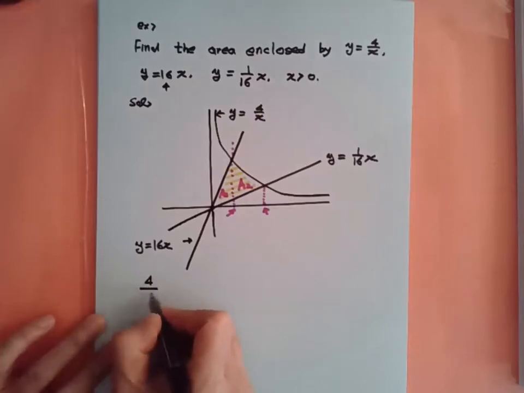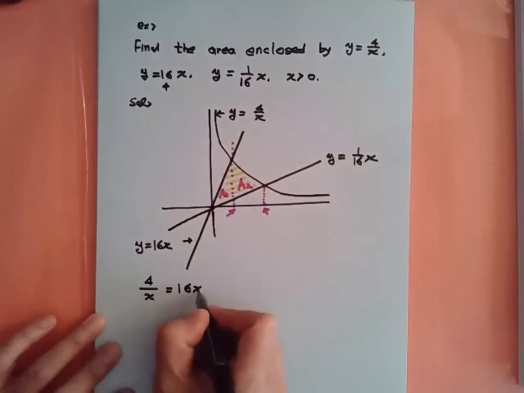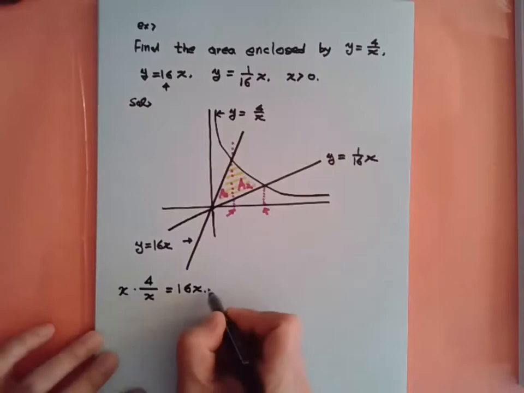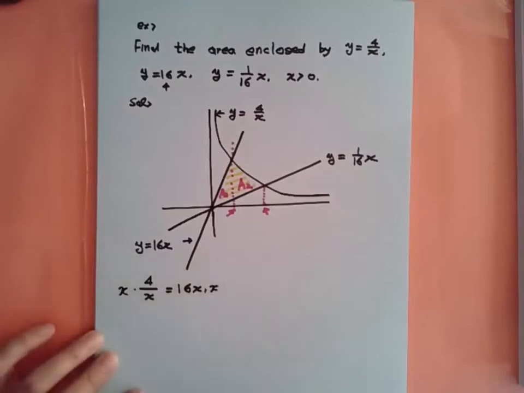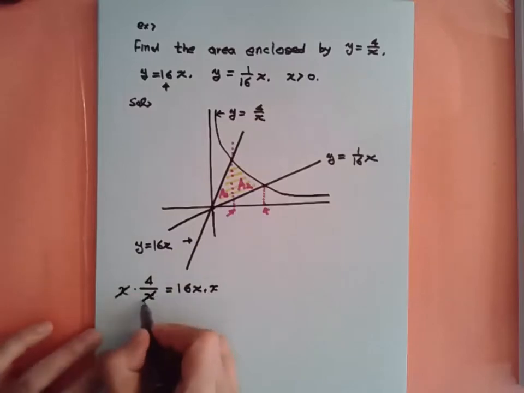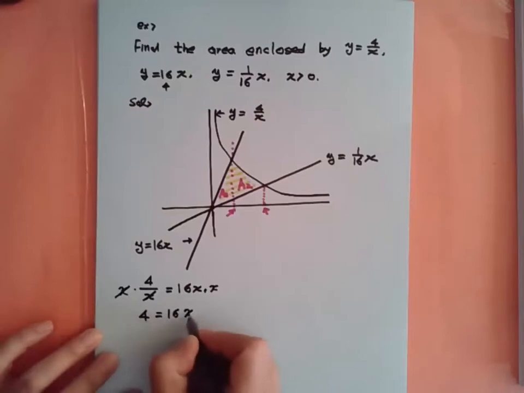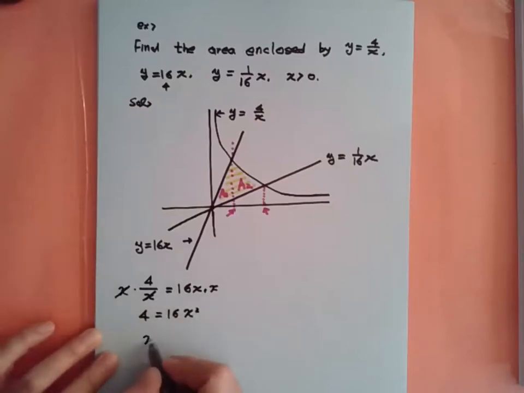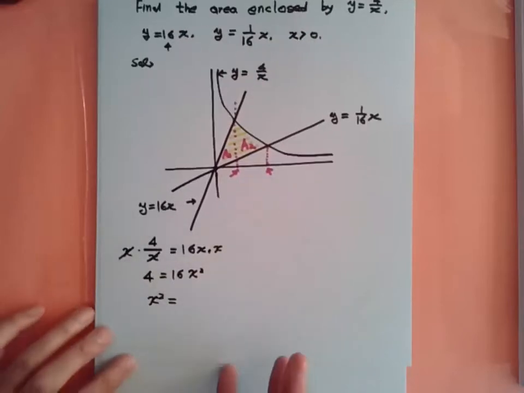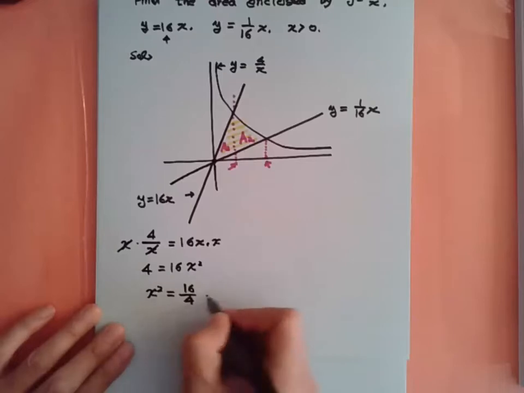So we put the equation 4 over x equals 16x. And then we multiply by x on both sides. Then we have 4 equals 16x squared. So x squared equals 4 over 16, which is 1 over 4.